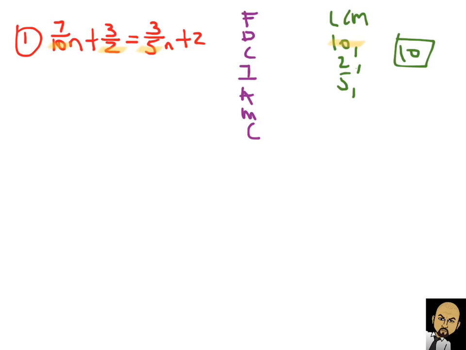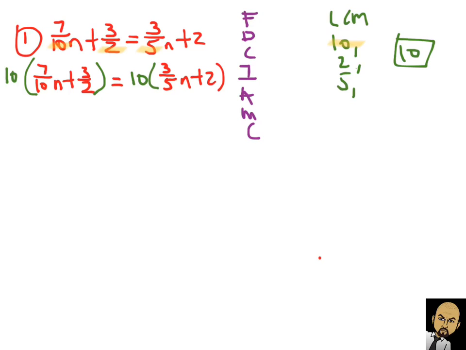And so we're going to take that 10 and multiply both sides of our equation by 10 using the distributive property. So we multiply 10 by both sides of our equation, and so we're going to distribute the 10. Here we have 10 times 7 tenths n. I told you guys to do your work on the side.